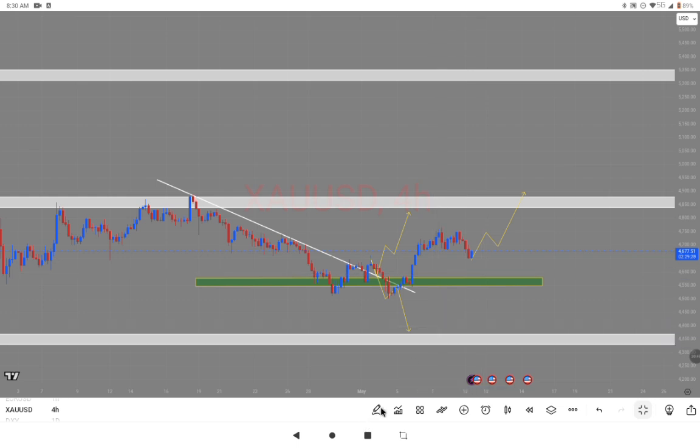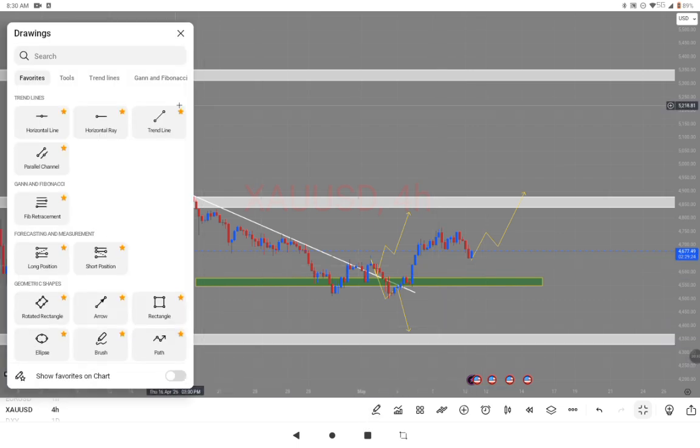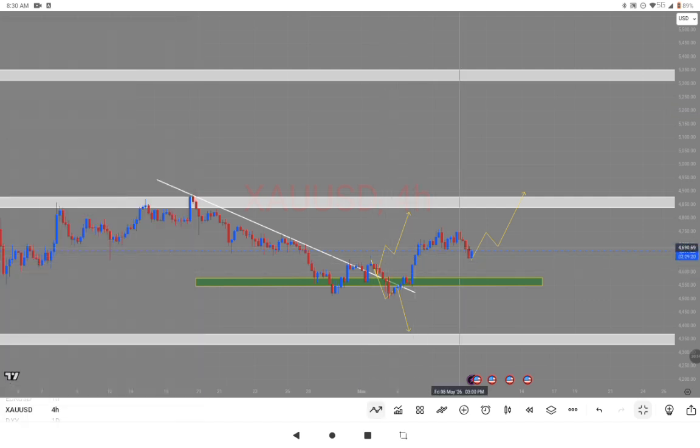And the other scenario, the second probability which can easily happen on gold also, is for the market to just trade like this and continue heading back to the downside.